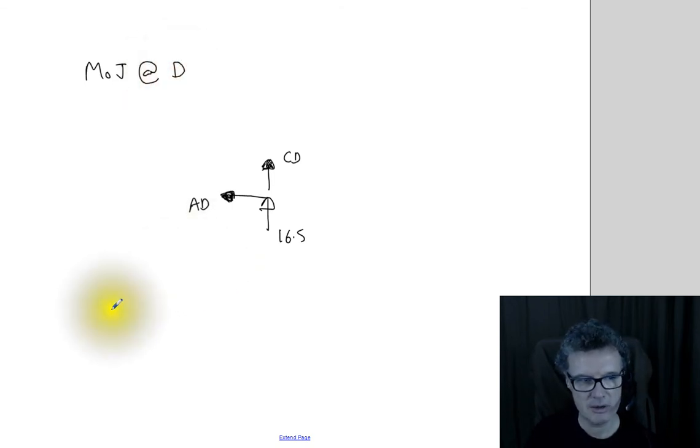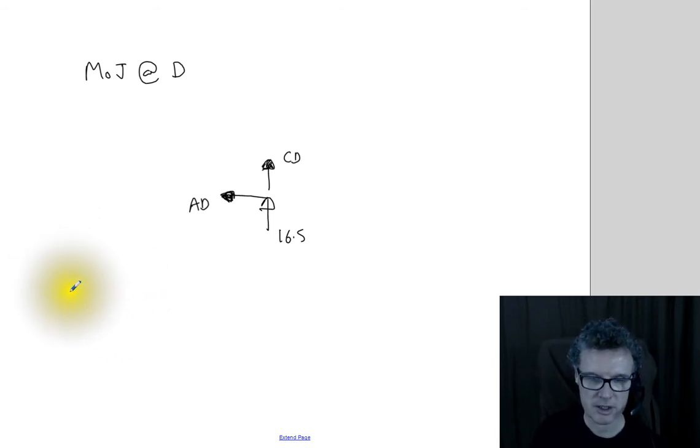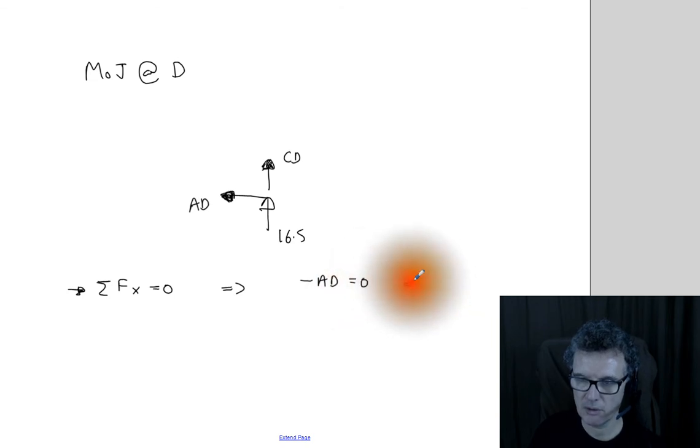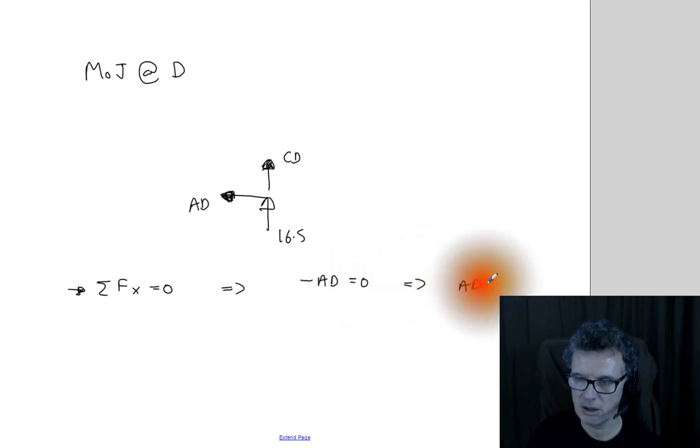Where's the sensible direction to take our forces, resolve our forces? Well, in this case, the sensible one to start with would be, let's resolve forces in the x direction. Why the x direction? Because there's only one force, minus AD equals 0. Therefore, AD equals 0.